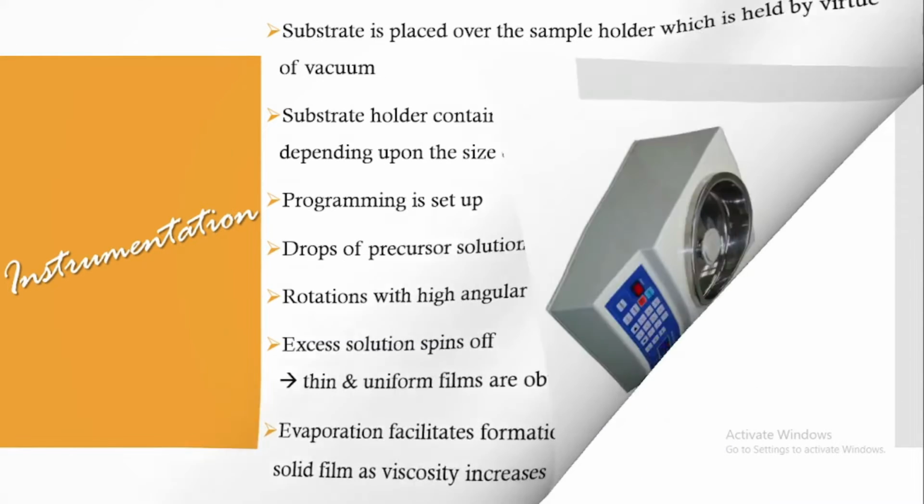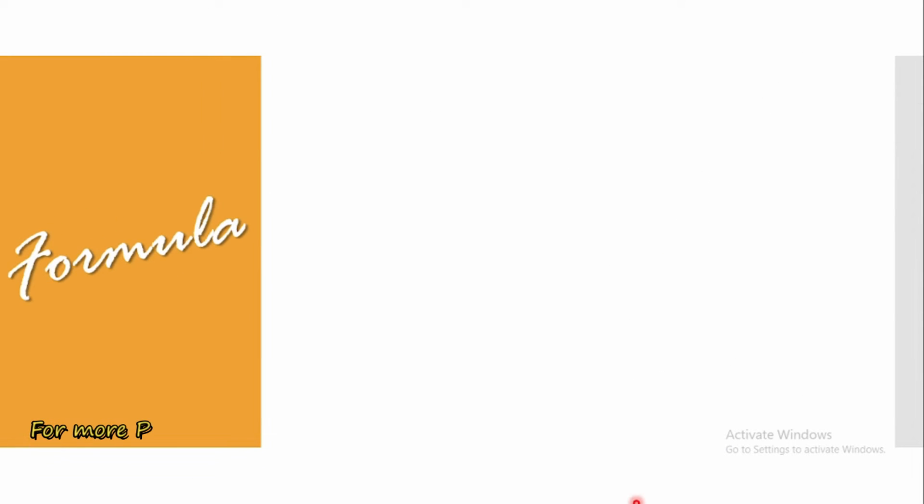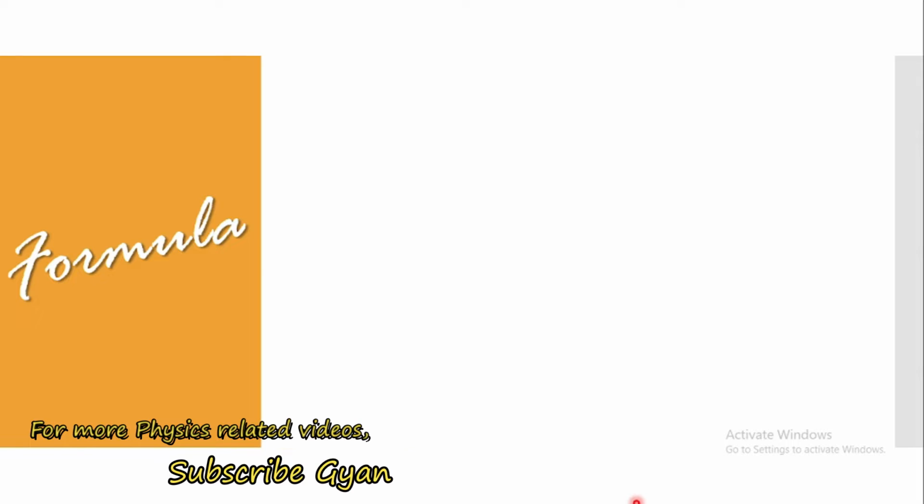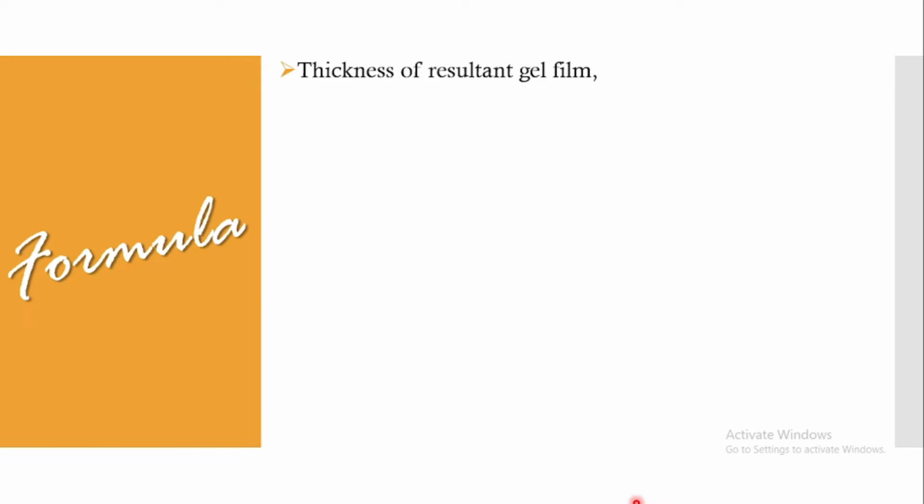So after instrumentation, let us understand about some of the important formulae, which is very important to understand the thickness of the film. So the thickness of resultant gel like film is mainly determined by the precursor viscosity as well as the angular speed. So here precursor viscosity is denoted as eta and angular speed is omega.